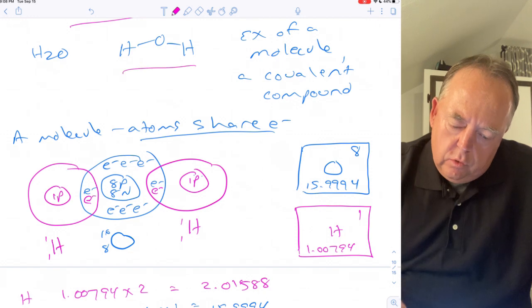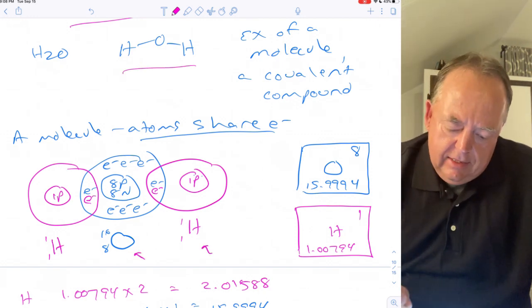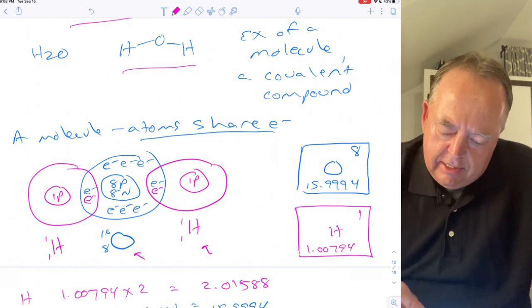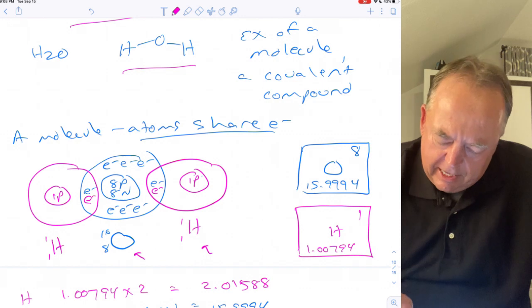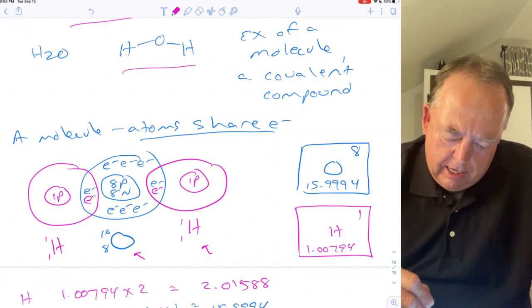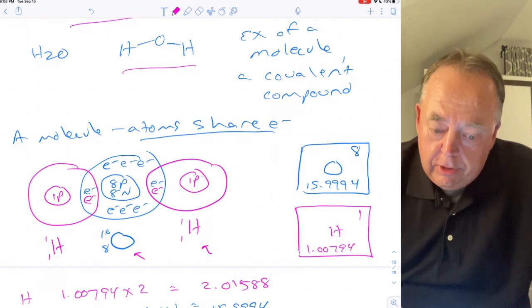So if we take H2O, so if we had an oxygen 16 atom and a hydrogen 1 atom, oxygen has 8 protons in the nucleus, 8 neutrons in the nucleus, right, and then 8 electrons. So you can count in blue, there's 8 electrons shown, and hydrogen 1 has 1 proton in the nucleus and 1 electron shown in pink.